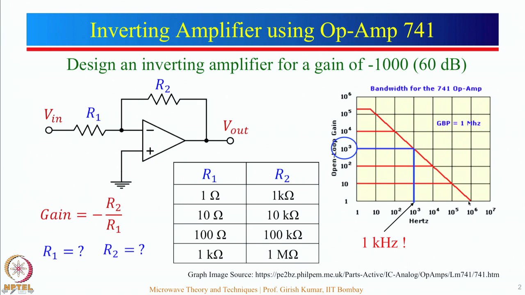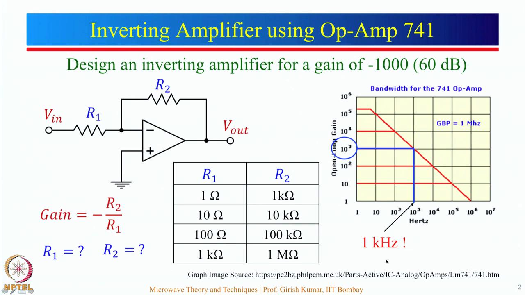So if we design an amplifier for a gain of 1000, then we draw a line here corresponding to gain of 1000, and we can see that the corresponding frequency will be 1 kilohertz. So that means this particular amplifier will be only useful to amplify the signal up to 1 kilohertz.